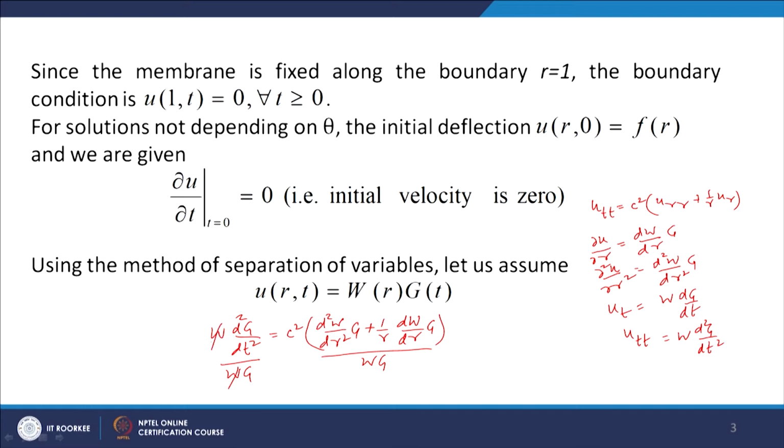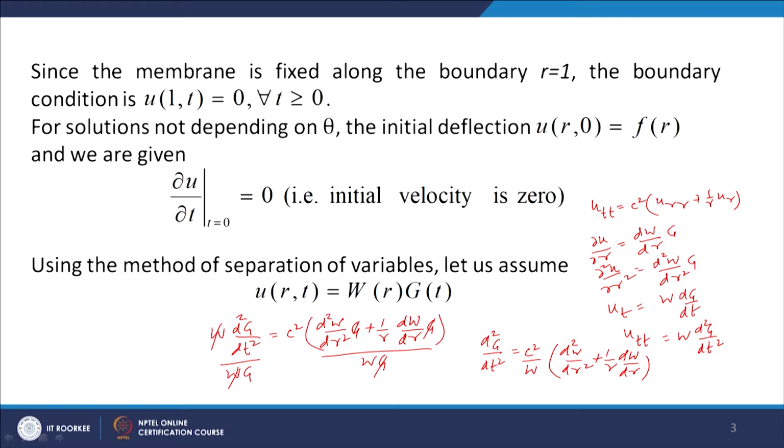The W will cancel, and you will get d square G over dt square on the left, and on the right c square times, where the G cancels, 1 by W times (d square W over dr square plus 1 by r dW by dr).